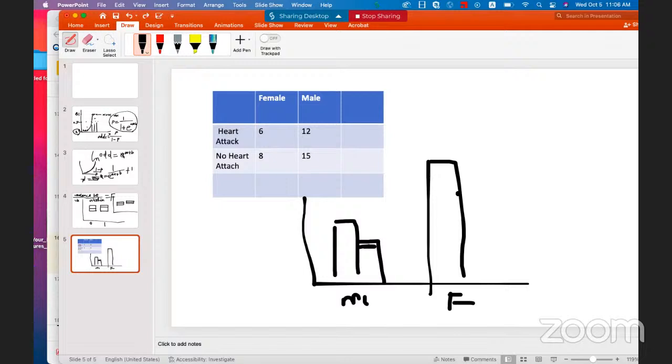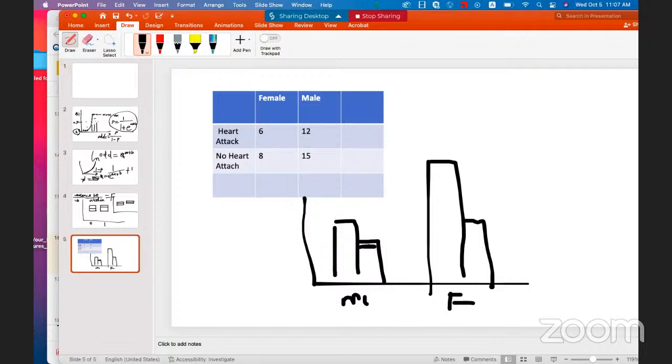If there's no significant difference between male and female, how should this last bar look? The same proportion, right? 2 to 1. So it should be like this. So that's how the chi-square works.